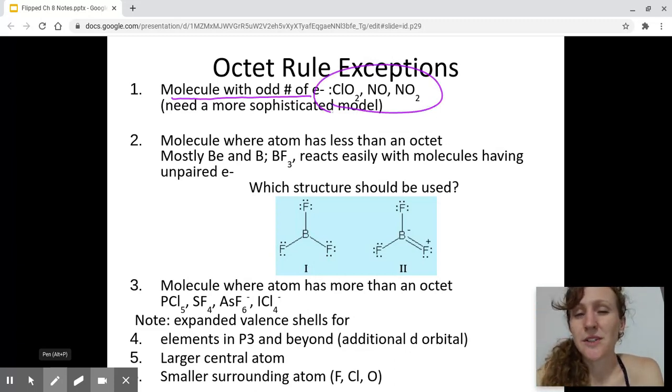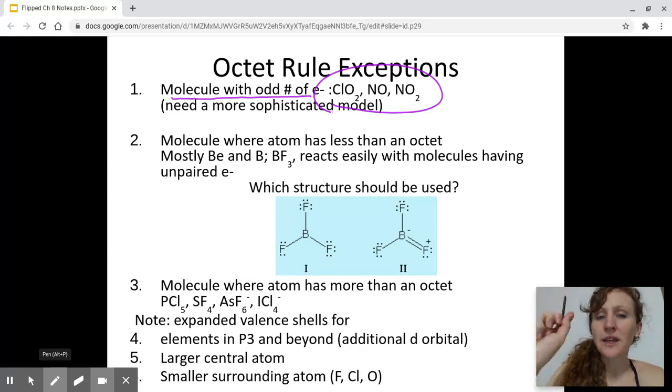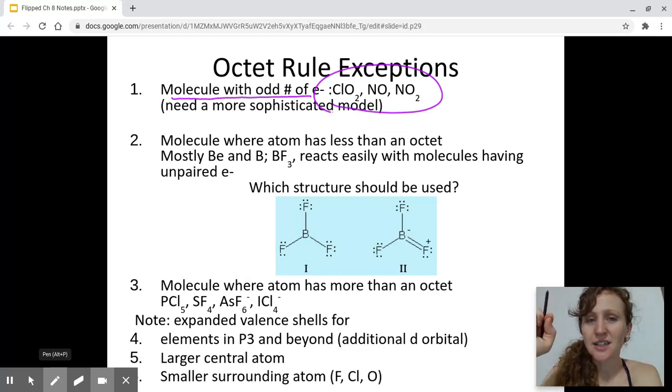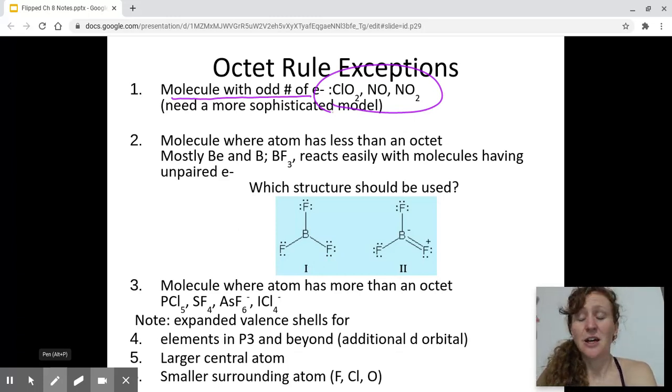You really need a more sophisticated model than the localized electron model to deal with it. In our own model, if you run into these, you just leave something with one electron, and it looks funny, and it is funny. It indicates a really high state of potential energy. It's going to indicate a really reactive compound, and we're not going to deal with it. So that's exception number one.